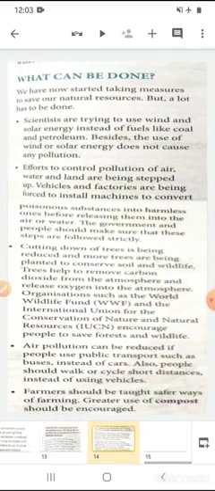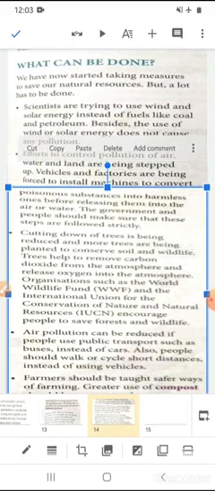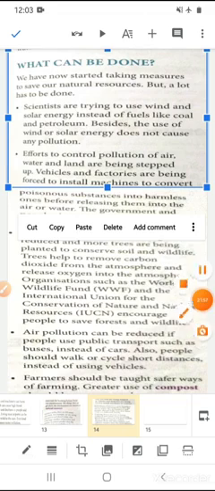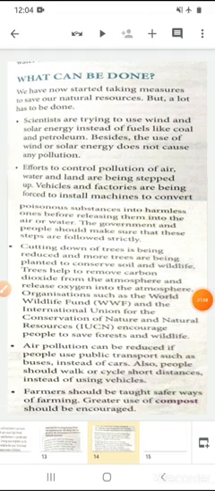Okay. Now what can be done? We have now started taking measures to save our natural resources. What steps can we take to save our natural resources?